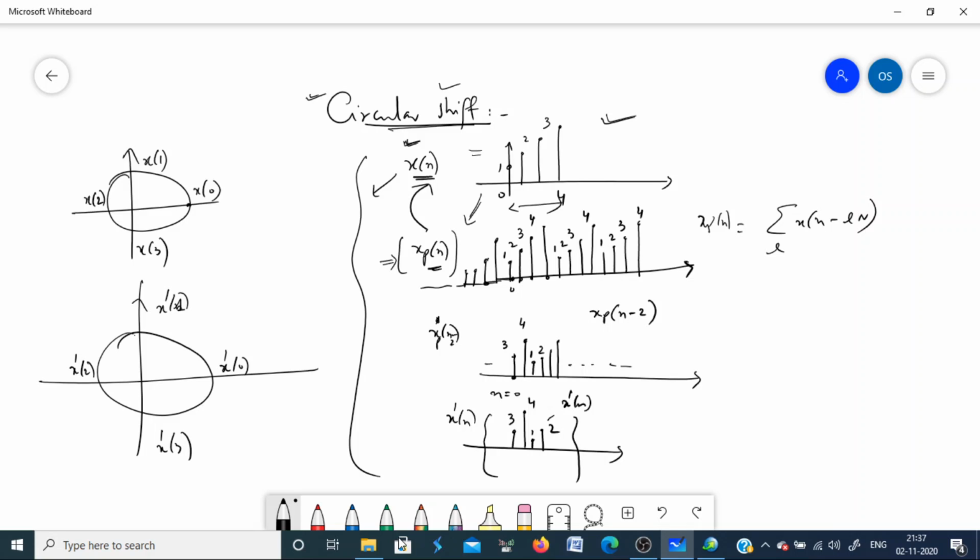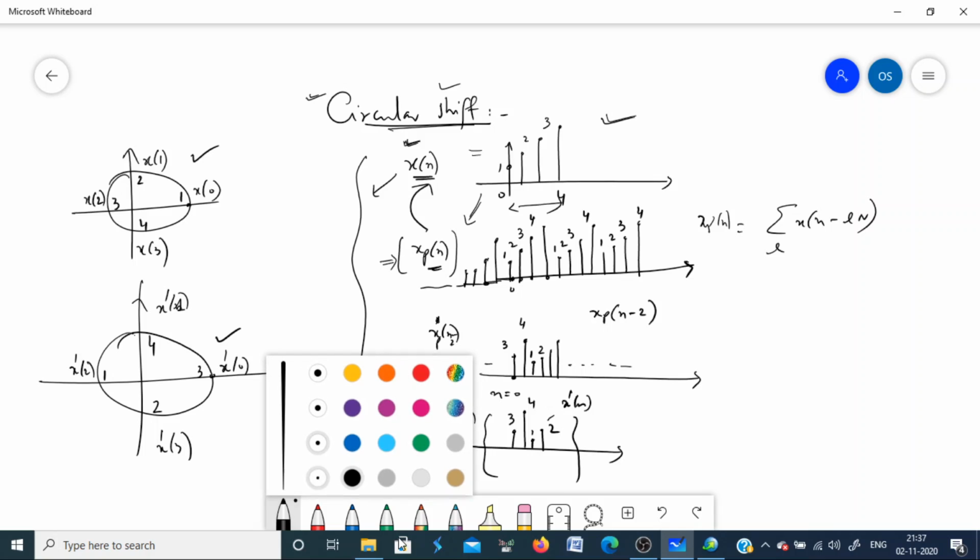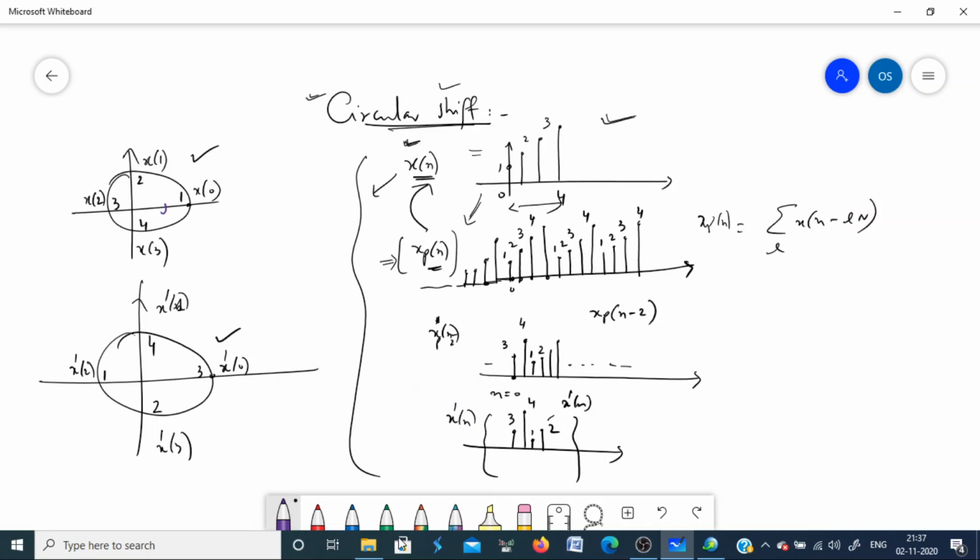So x0 is 1, then 2, then 3, then 4. Now it is here 3, then 4, then 1, then 2. And you can see that you can get this sequence from the original sequence if you rotate it by 2 samples. If I rotate this sequence by 2 samples, what will happen?